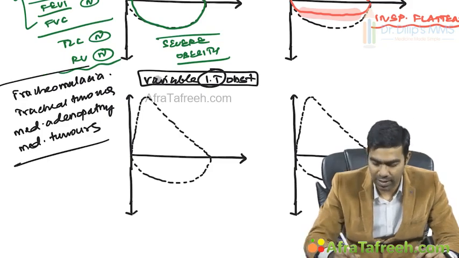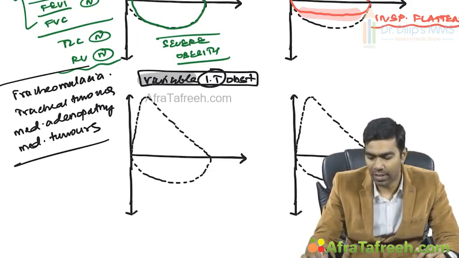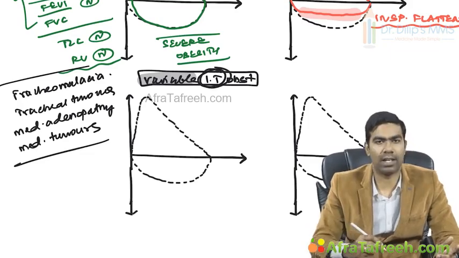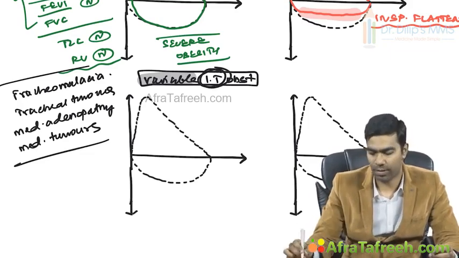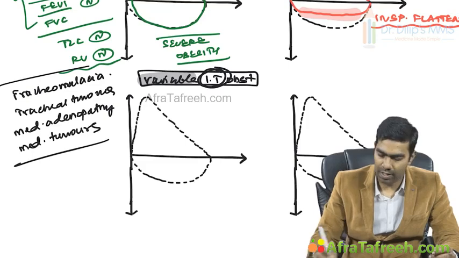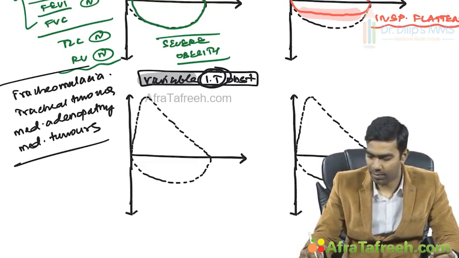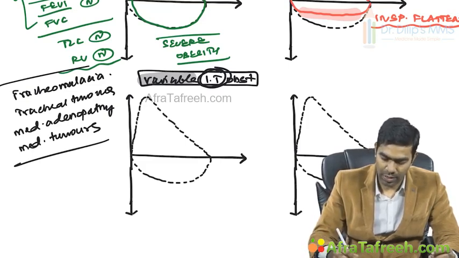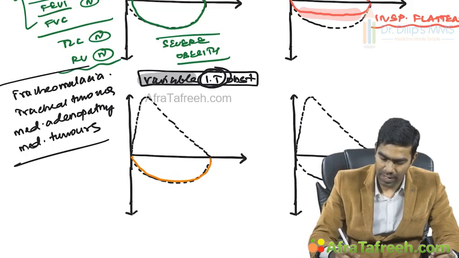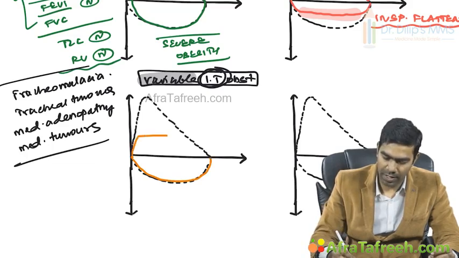Anyway, I am telling you it is still variable, which means the dynamic is still there, so in the early stages it is not that severe, a large airways intrathoracic obstruction. So what is the curve that you are going to get? You are going to get a curve something like this. The inspiratory limb will be completely okay.